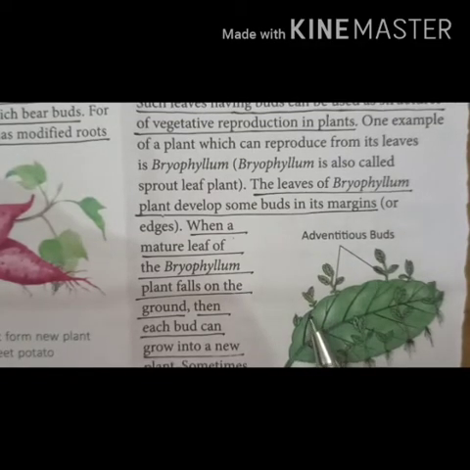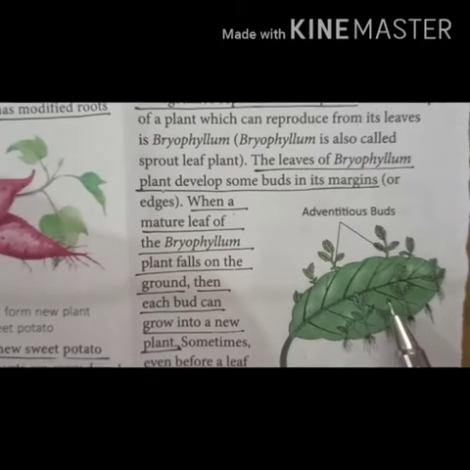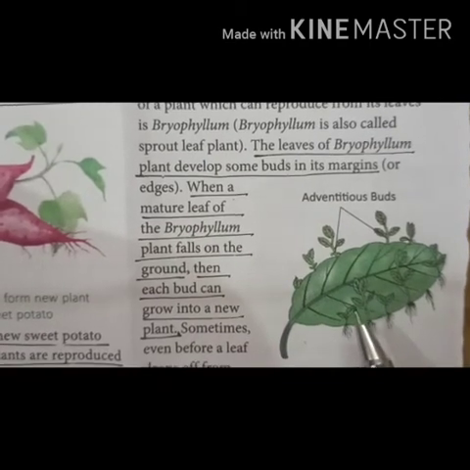So look here, this is a leaf of bryophyllum, and what has happened? On the margin of this leaf, these bud-like structures are coming out, right? When these bud-like structures develop and this leaf falls on the ground, then each bud can grow into a new plant.